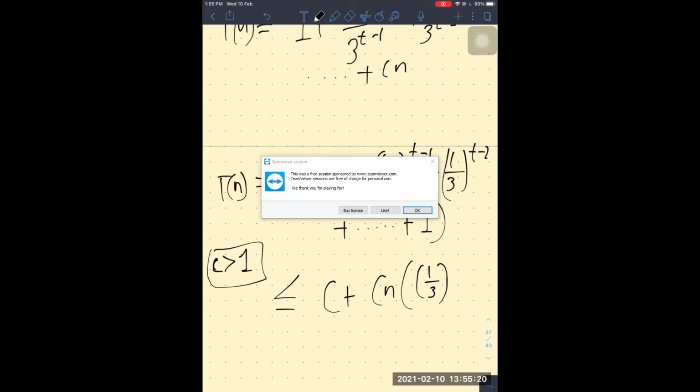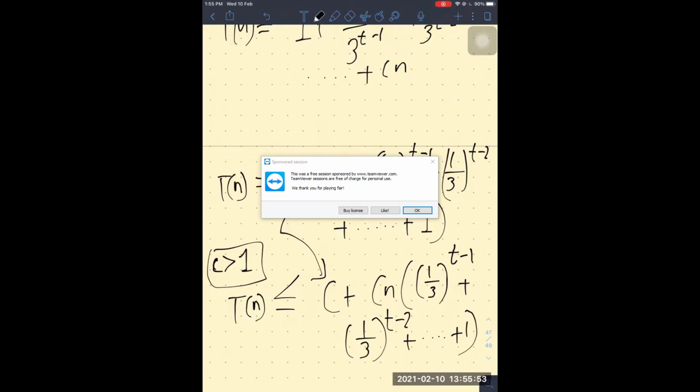So if we replace this 1 with c, then it will be greater than or equal to T of n. So we will get c plus c times n times 1/3 to the power t minus 1 plus 1/3 to the power t minus 2 all the way to 1 is greater than or equal to T of n.